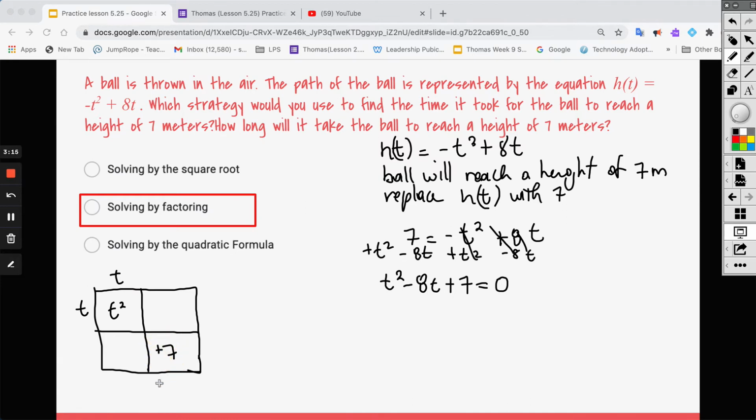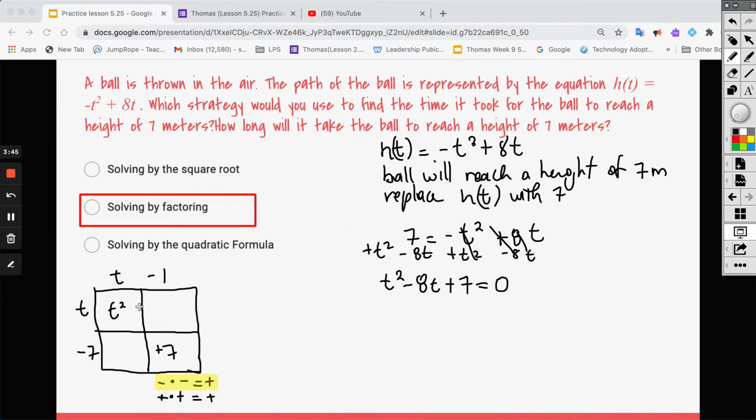And to get a positive, I am either multiplying a negative times a negative or a positive times a positive. And since the b term in this case is negative, I know that I'm going to be multiplying a negative times a negative. So the factors that I'm going to be using in this case happen to be a negative 1 and a negative 7.